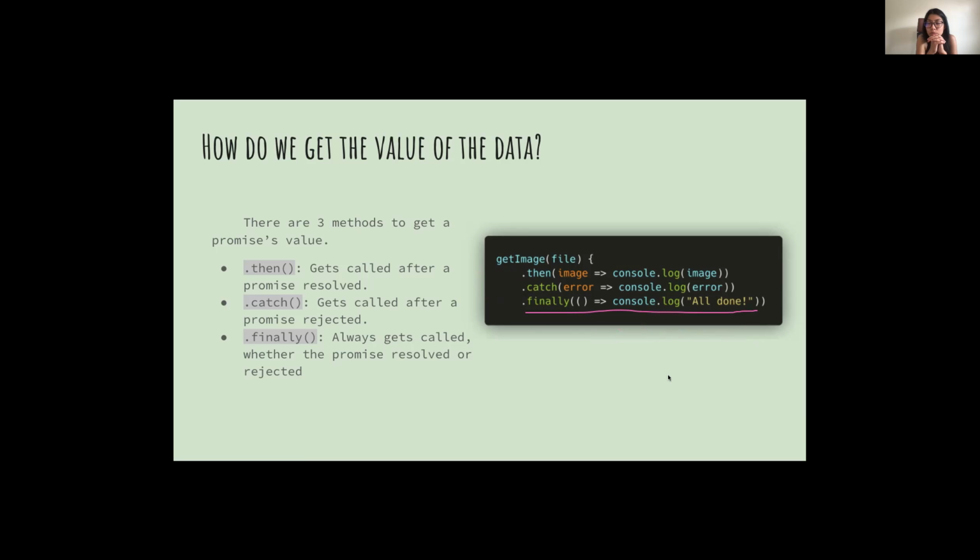How come I never saw it? If you don't put finally in your code, you will have to put console log inside .then and then console log all done inside .catch. So you have to duplicate the code in both. But a lot of the time we don't need the duplicate.